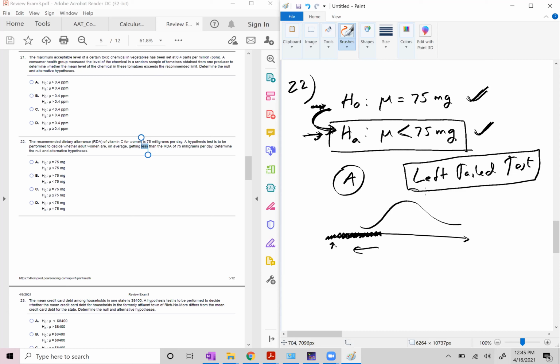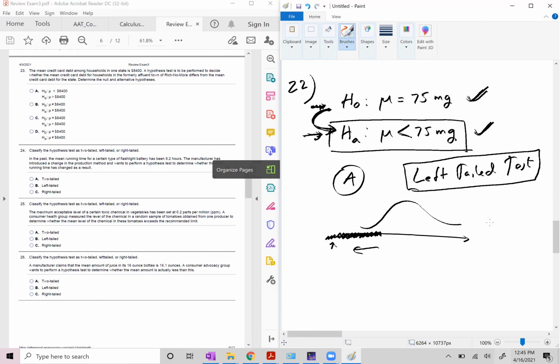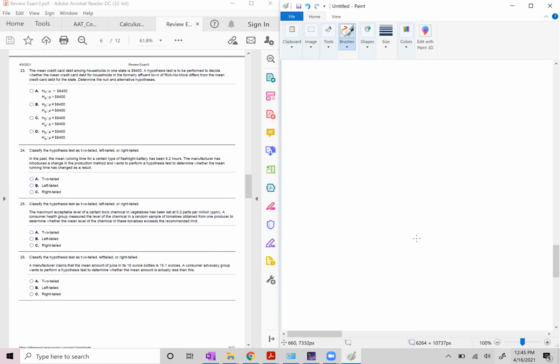23. The mean credit card debt among households in one state is $8,400.